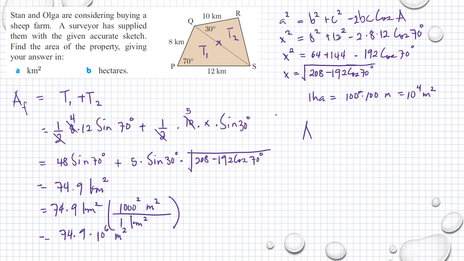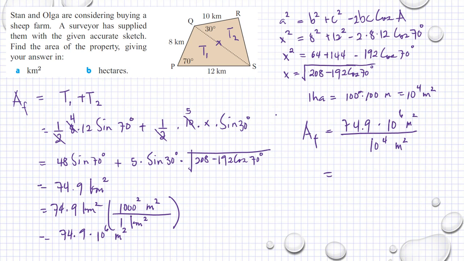So now the area of the farm is 74.9 multiplied by 10 raised to 6 square meters divided by 10 raised to 4 square meters. Then we have our hectares.